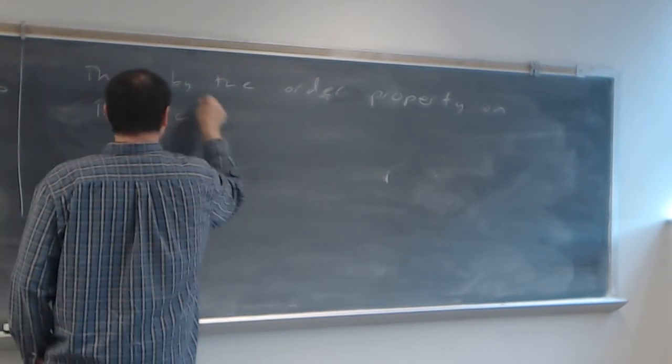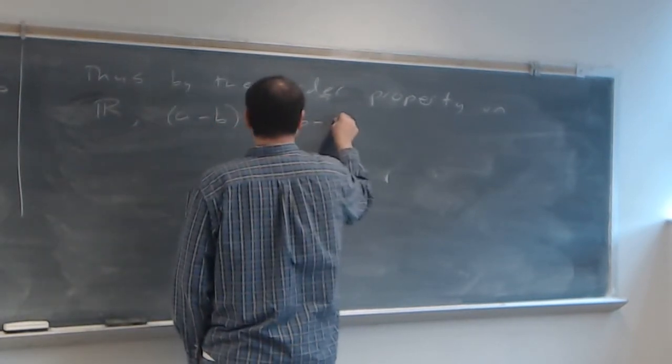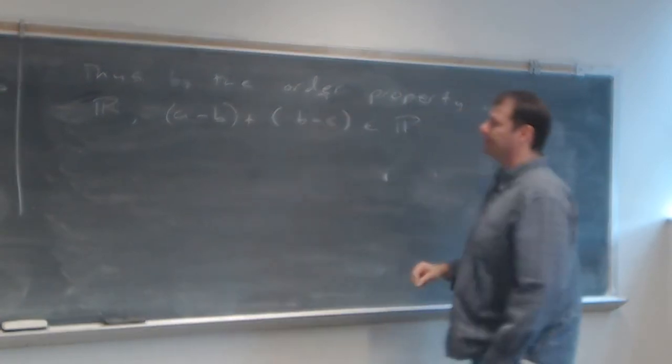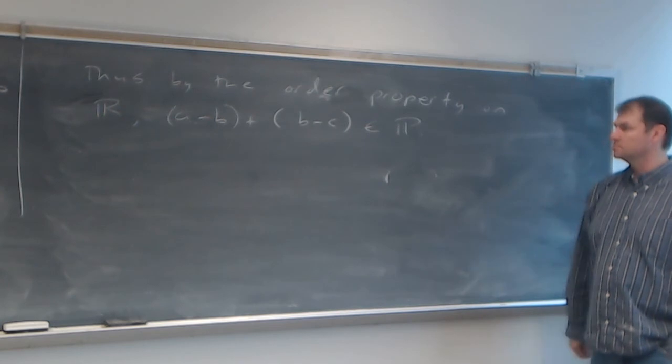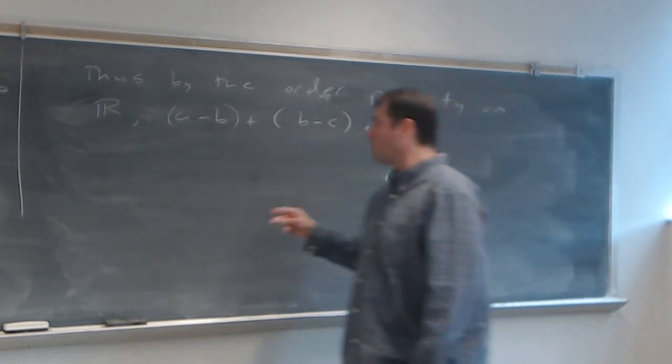A minus B plus B minus C is an element of the positive numbers. Okay. What I'm going to say is that we can rearrange these.